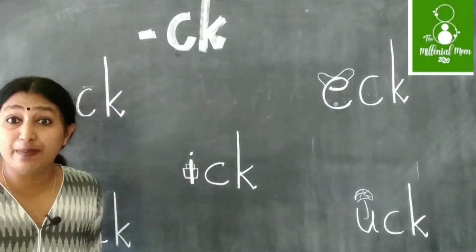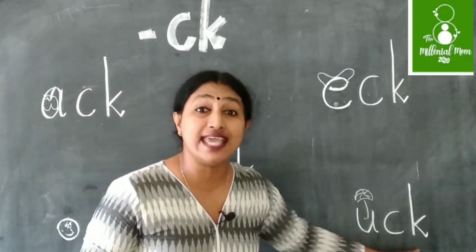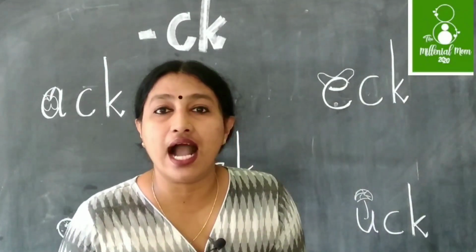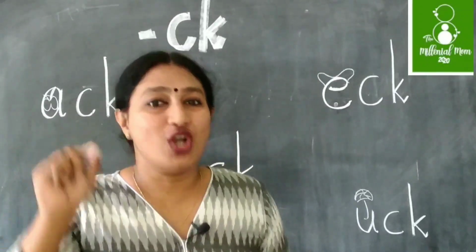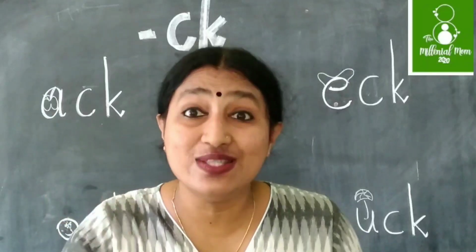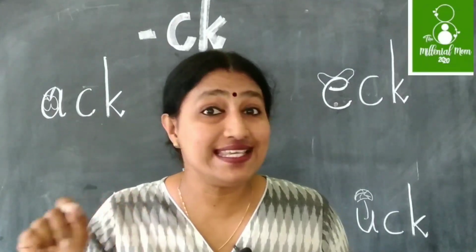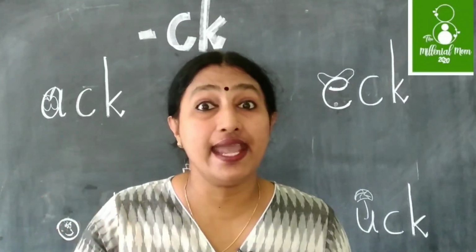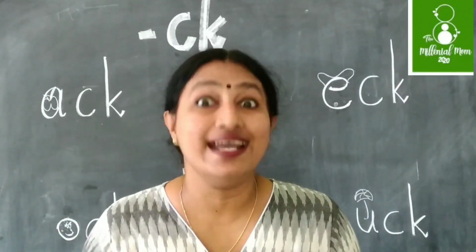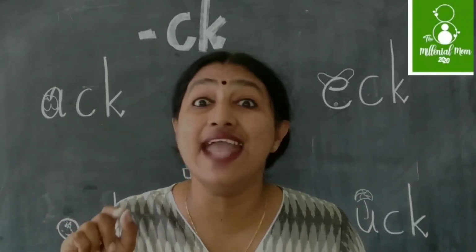OCK will always be ok. And UCK will be uk. So go back to this and learn the sounds of ACK, OCK, ECK, ICK, and UCK, and the sound of CK, k. Okay?